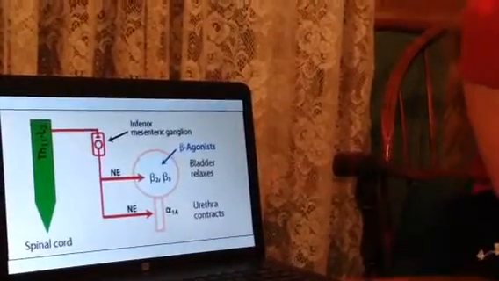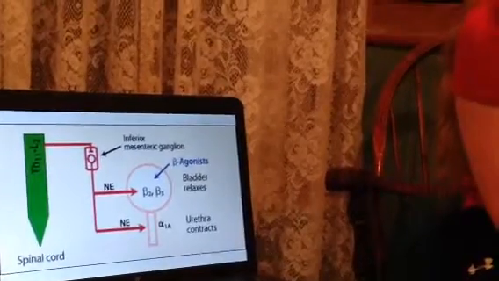And so in sympathetic pathways, there's sympathetic outflow from the rostral lumbar spinal cord that provides noradrenergic excitatory and inhibitory input to the bladder and urethra.